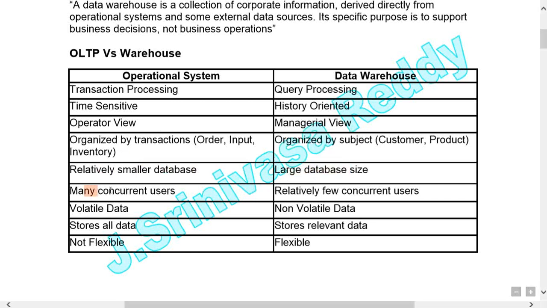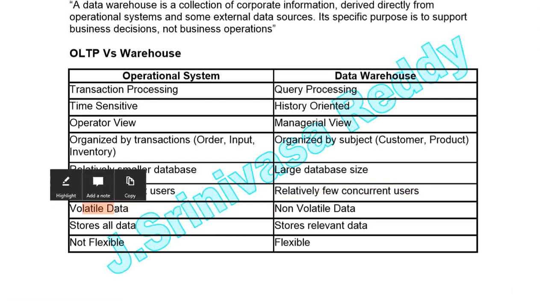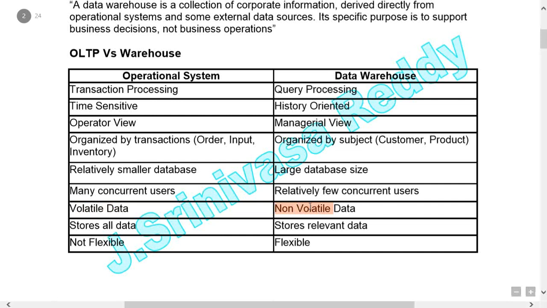Many concurrent users across the globe, round the clock, are working with operational systems, but data warehouses are exclusively meant for managers, so relatively few users work with data warehouse systems. Operational systems can be modified: you can insert, update and delete the data. But in a data warehouse system, once the data has entered, you cannot modify it.